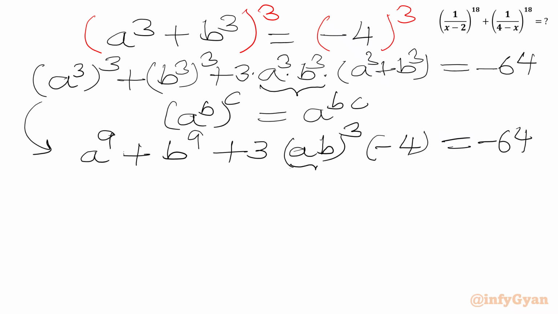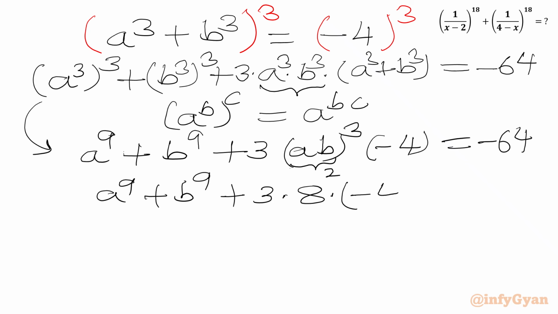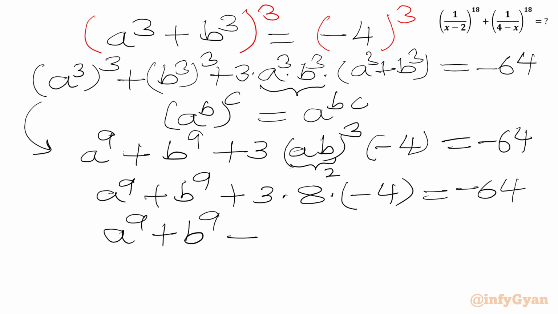Now here we will use equation 2. ab is 2. So I can write a power 9 plus b power 9 plus 3 times 2 cube, which is 8, times minus 4, equal to minus 64. Or a power 9 plus b power 9 minus 3 times 8 is 24, 24 times 4 is 96, equal to minus 64.